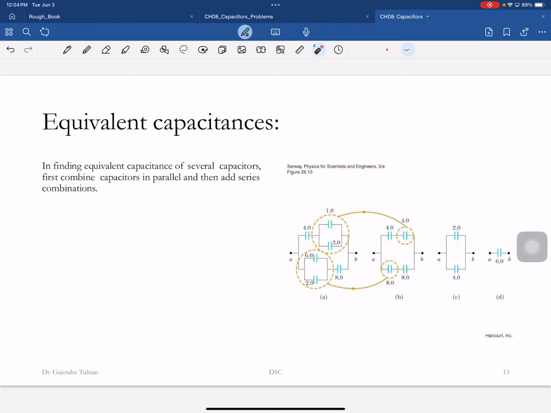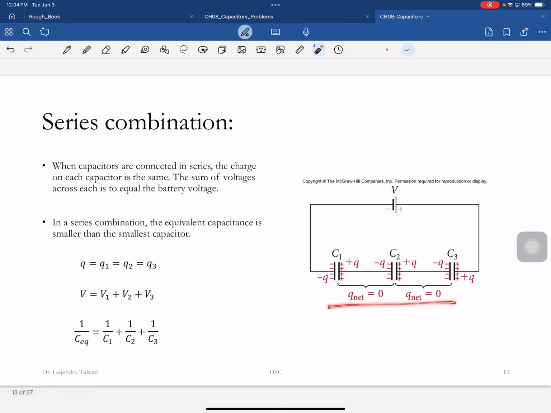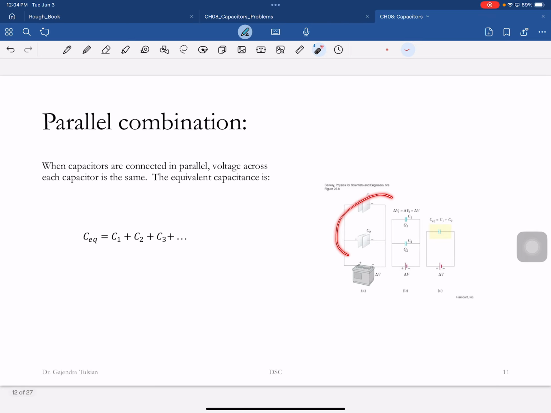Again, I'm talking about the future. Right now we'll show you how to reduce this mess of capacitors into a single capacitor. These are the two rules we'll use: series combination and parallel combination.